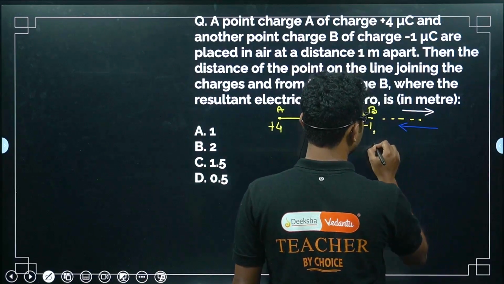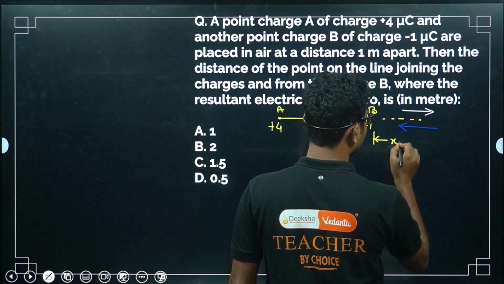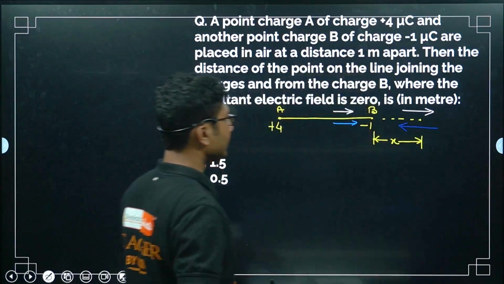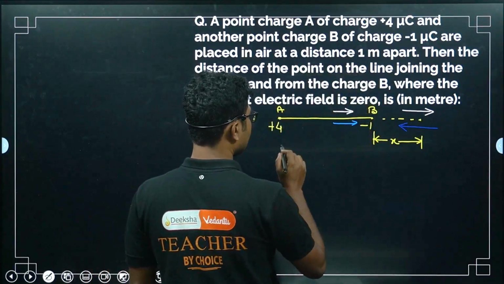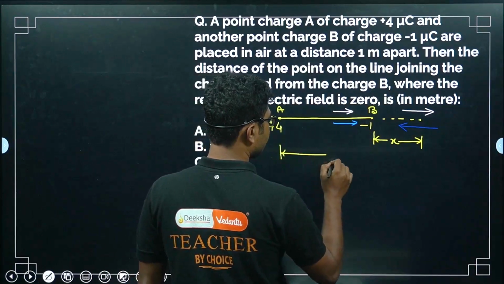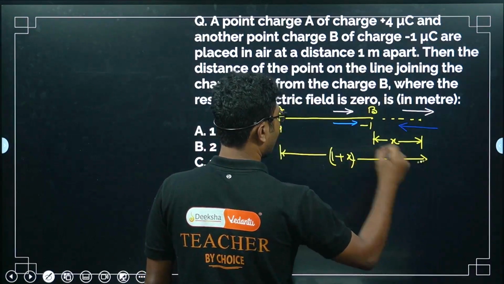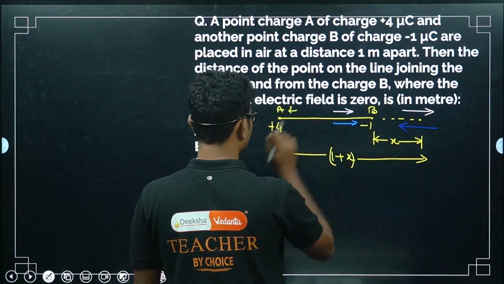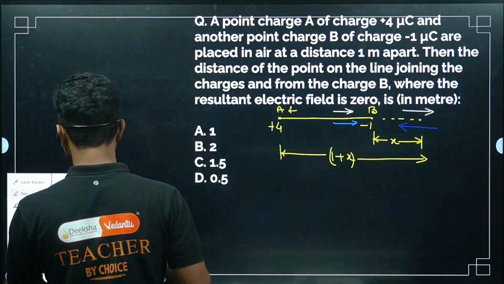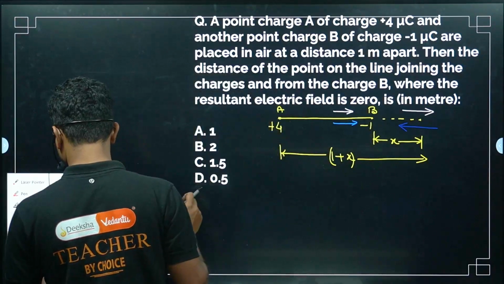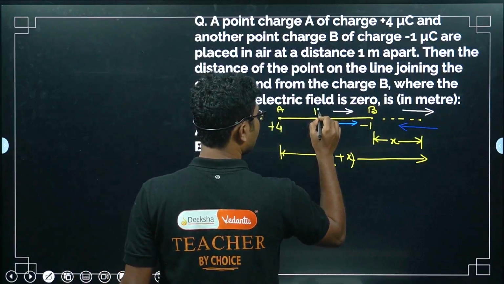Assume this distance from B is x. The total distance from A will be 1 plus x, because the separation of 1 meter is already given.